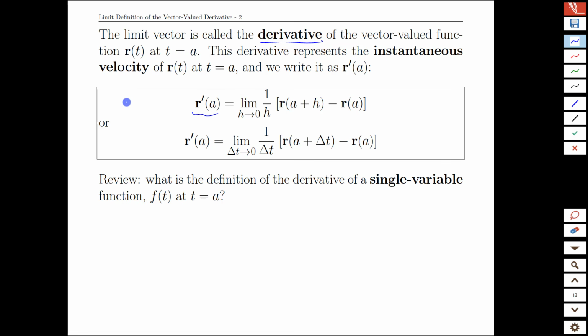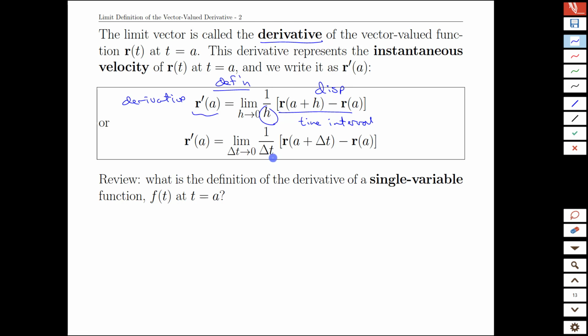The derivative, how we write that with the prime notation, is defined as the limit of the displacement divided by, here the h is put to the side for spacing reasons, but it's displacement over the change in time, or the time interval.